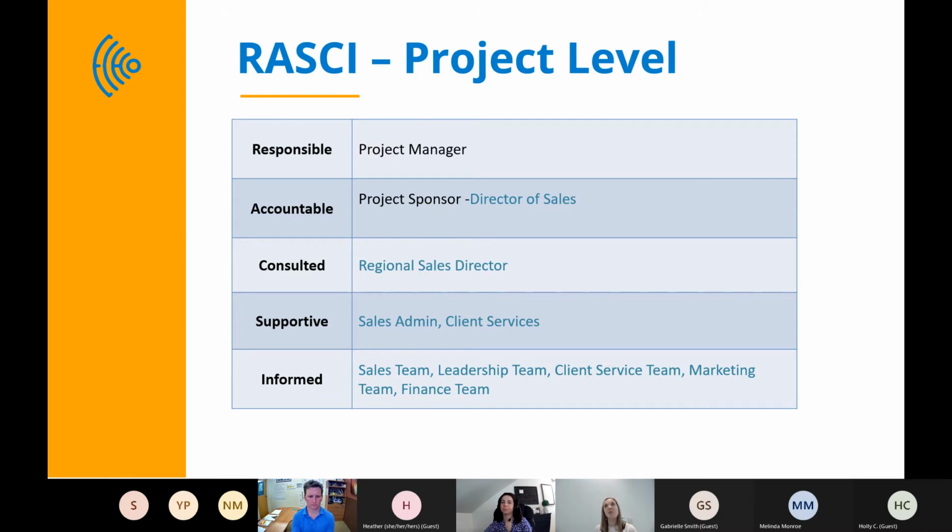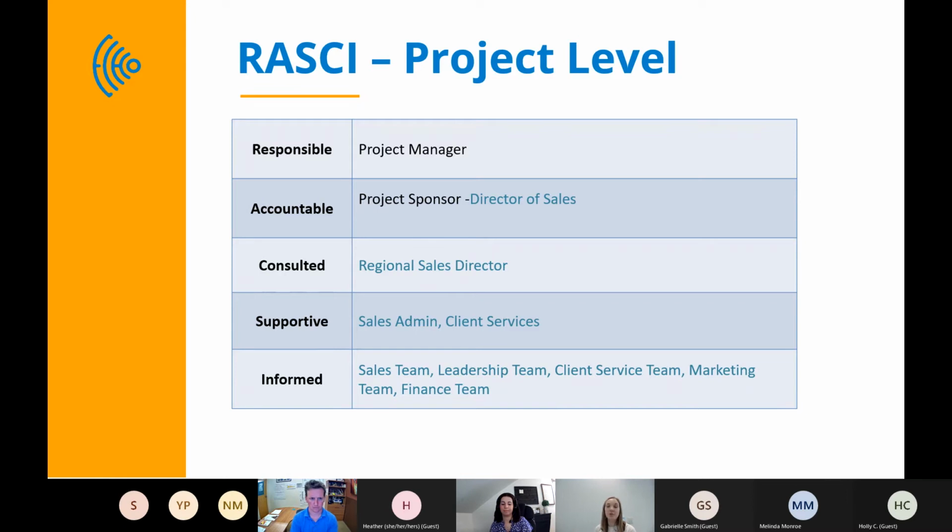Consulted, so when we talk about a consulted, that's really someone that we'll think of as our subject matter expert, right? So within the example of a sales project, regional sales director, these individuals are often very constrained for time, but they have really valuable information and are going to be some of those individuals that are going to help us ensure that the solution that we've identified and executed on is really going to meet that goal.